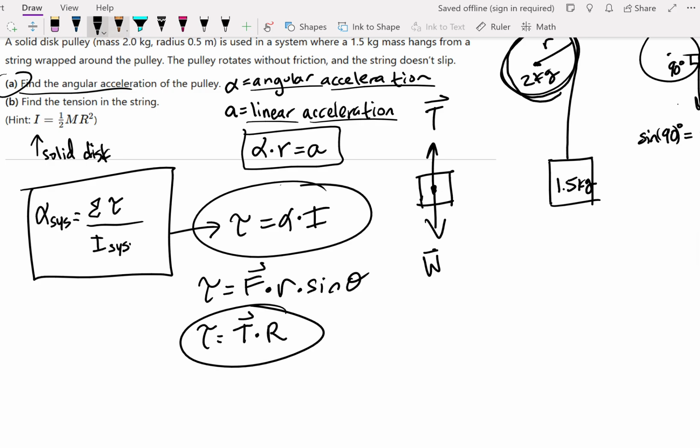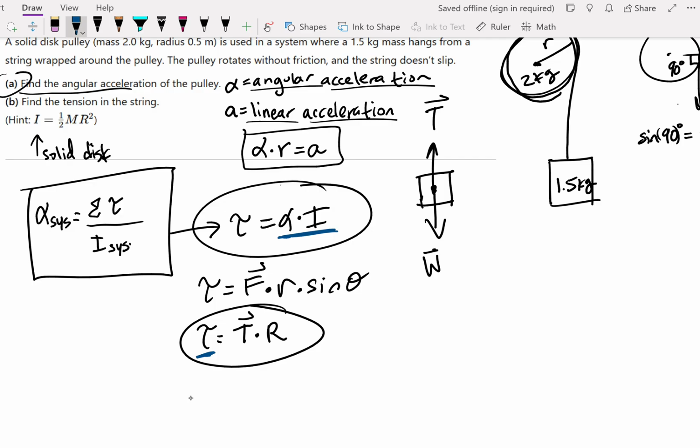This is the key. We're going to substitute the angular acceleration times the inertia in for this side of the torque. So I'm going to take this and substitute it in for that.